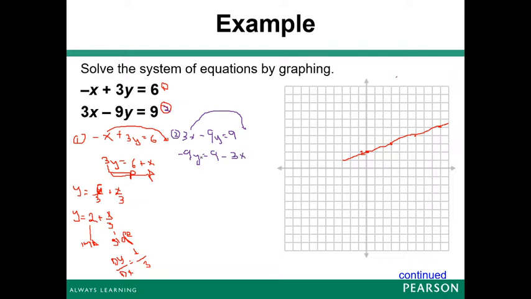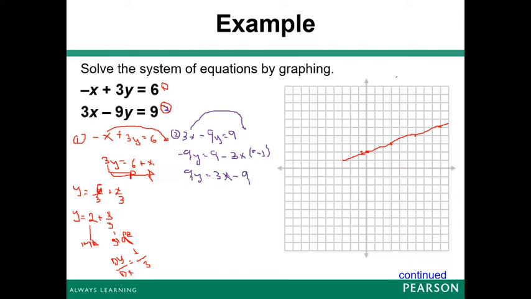Now I'm going to multiply the whole equation by minus 1 to change the signs. Now 9y is positive and equals 3x minus 9.